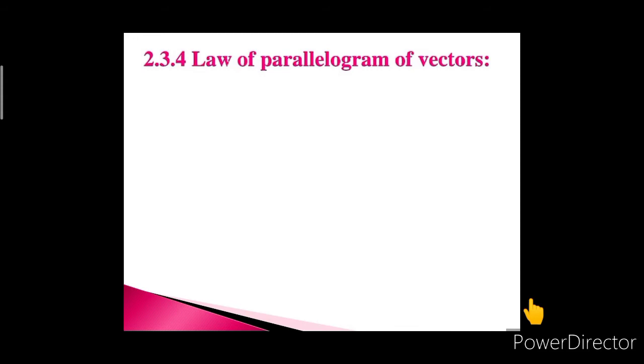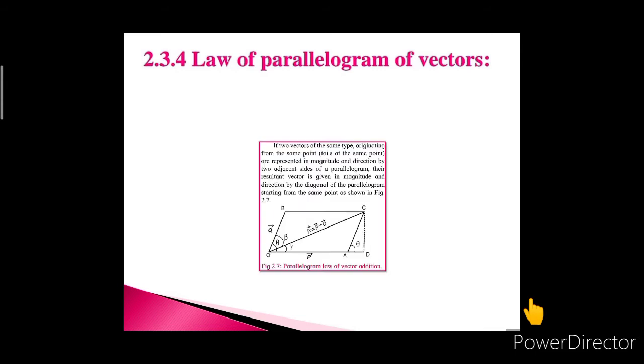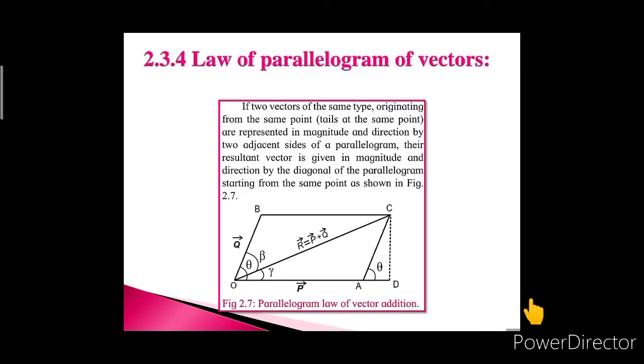Actually, this is another geometrical method of adding two vectors, which is called the parallelogram law of vector addition, which is stated as: if two vectors of the same type originating from the same point, tails at the same point, are represented in magnitude and direction by the two adjacent sides of a parallelogram, their resultant vector is given in magnitude and direction by the diagonal of the parallelogram starting from the same point.